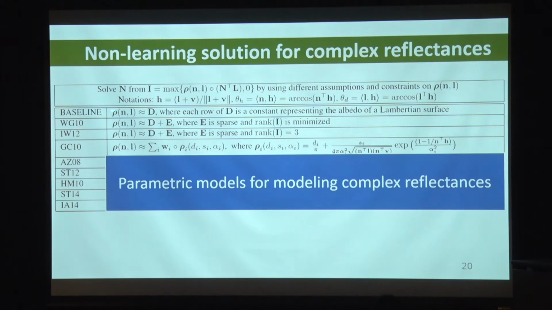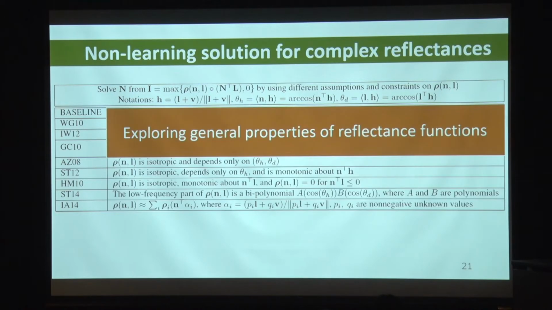Here, there are still some methods that assume that there is a dominant Lambertian component, but there are some outliers that can be represented using another matrix. Or you can use a different model, this is actually our simplified Ward model, and you can use different weights by mixing Ward lobes with different weights to represent the object surface.